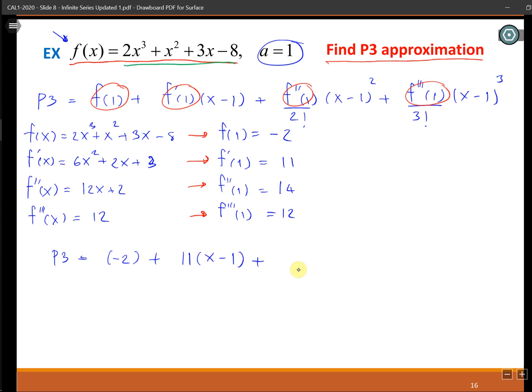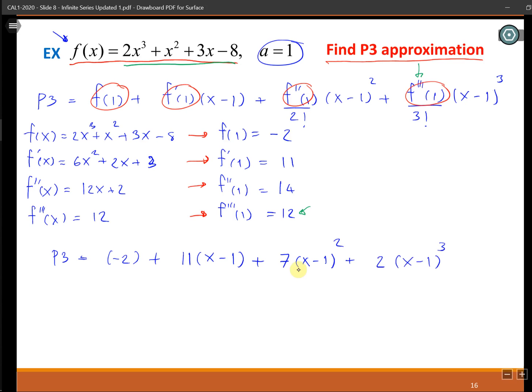So here would be 14 divided by 2, so we get 7 right here. Okay, and x minus 1 squared. Next term would be this one, the third derivative divided by 3 factorial, or 6, and we have this 12, so 12 divided by 6 would be 2. x minus 1 to the power of 3.